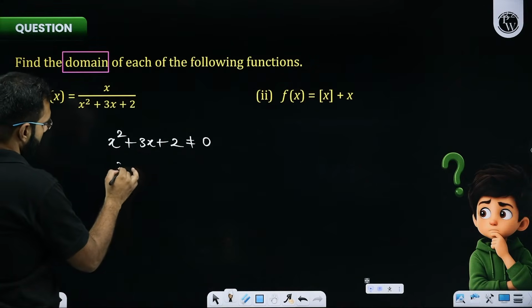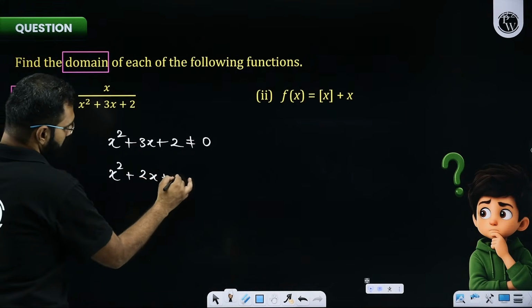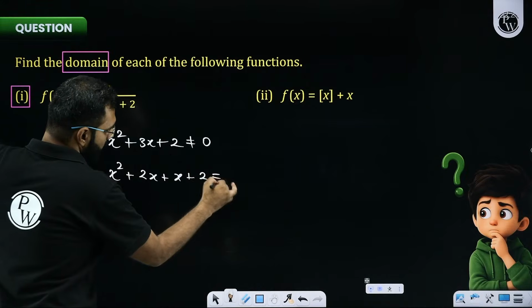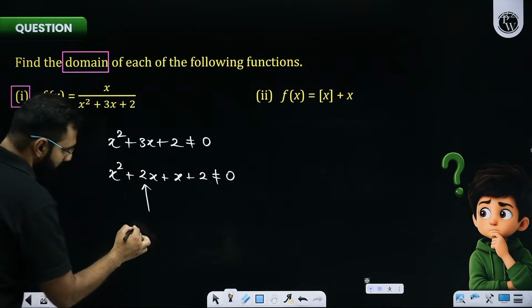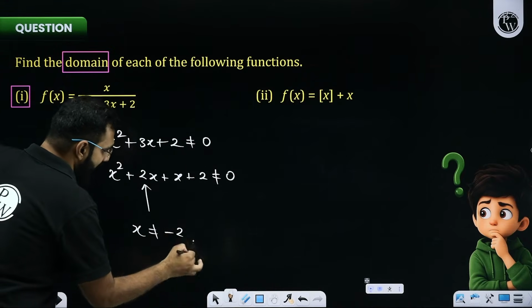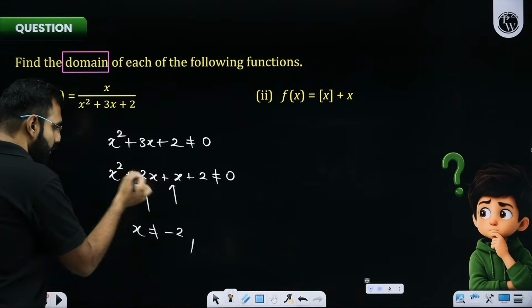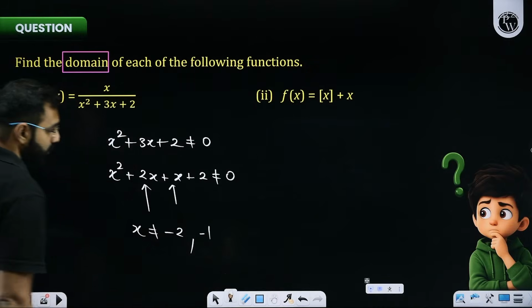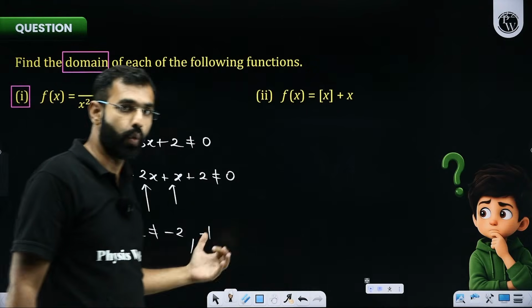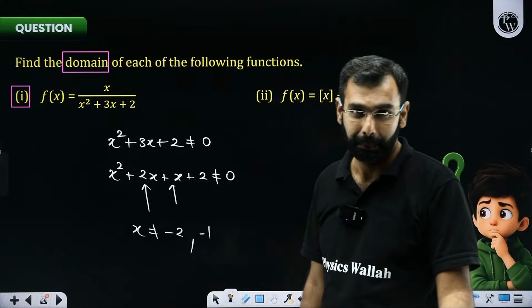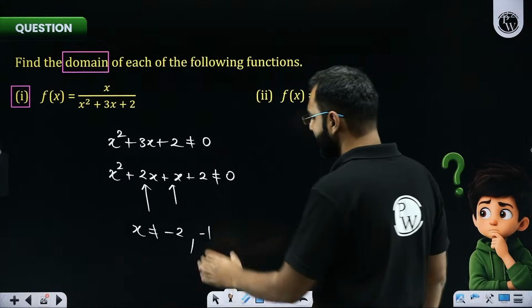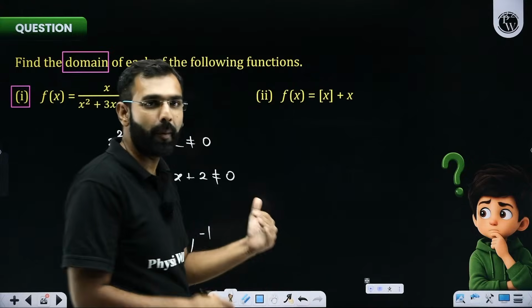So x square plus 2x plus x plus 2 should not be 0, which means negative of this is minus 2 divided by 1 is minus 2, and negative of this is minus 1 divided by 1 is minus 1. So I will not want to have minus 1 and minus 2 in my domain. Why? Because at x equals minus 1 and minus 2, the denominator will become 0.